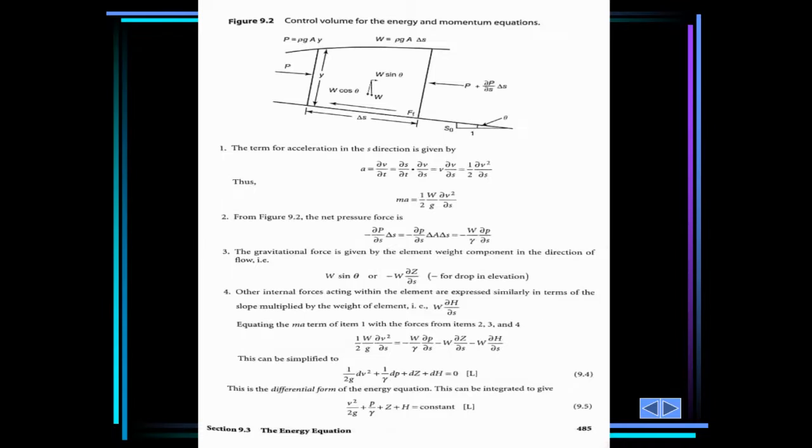Now, the term for acceleration in the S direction is given by, because I said the fluid is accelerating. It is in motion, hence it possesses acceleration. And acceleration from your dynamics is dv, which can be split into ∂s/∂t dot ∂v/∂s.